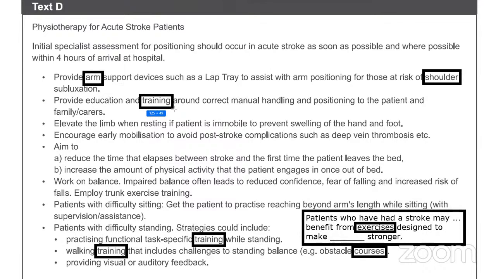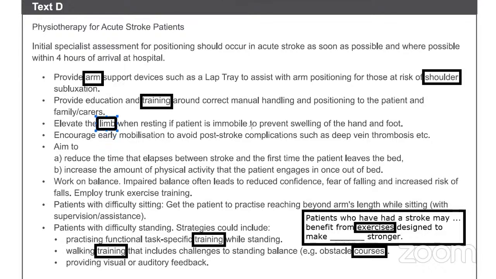Some clues I am giving you. Oh, this also has a problem now. Training. The next one. See, I'm showing you clues.